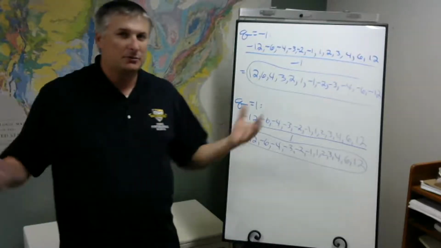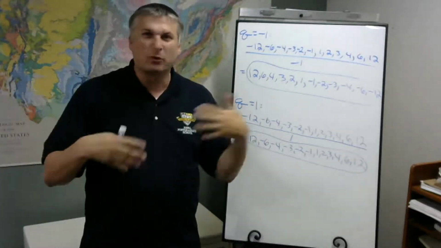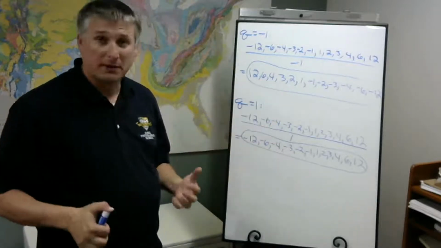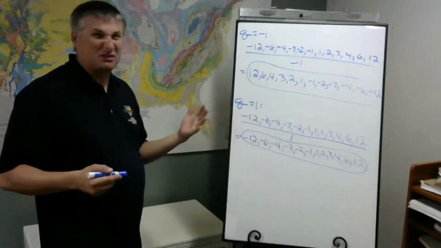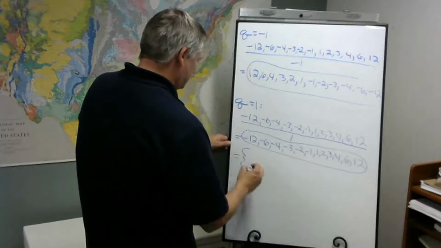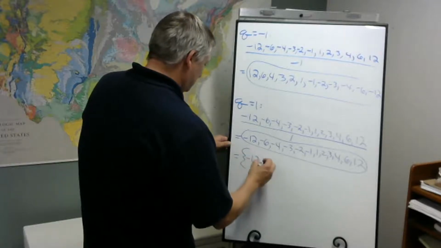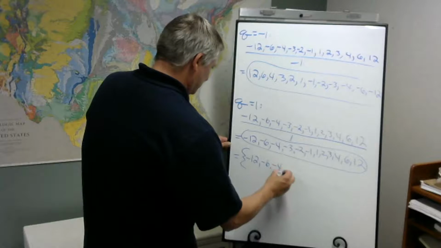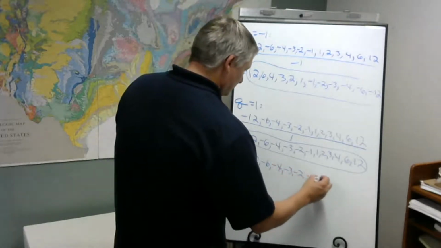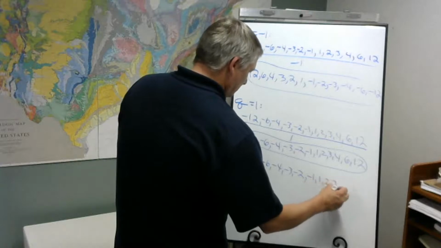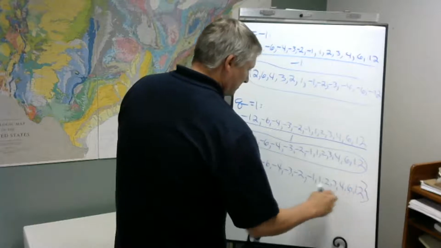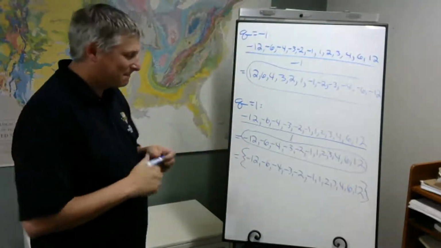So now we've got our two lists. We're going to combine them into one, and again, we're not going to worry about duplicates. We're just looking for unique numbers that appear in one list or the other. If we look at everything, the lists are basically the same. They're going to boil down to this set, and that's going to be it.